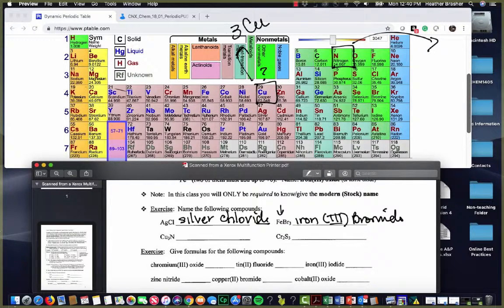What is nitrogen's charge to be stable? It's 1, 2, and 3. So it's -3. Well, we have copper here, and we have 3 of them, and they're going to be positive. So essentially, if copper is just +1, then we end up getting enough charges here. So we'll write copper 1 nitride.